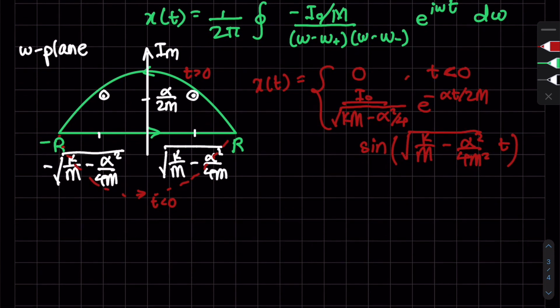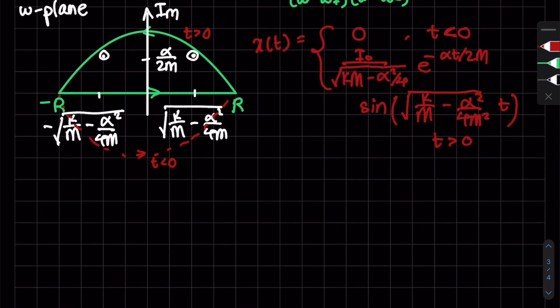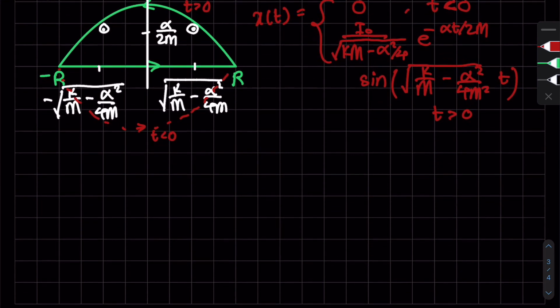And all of this is for t greater than 0. So there's the natural oscillating term, and there's also a decaying term because of the friction. So the oscillations won't last forever, which is probably a more realistic expectation. Now notice one thing.